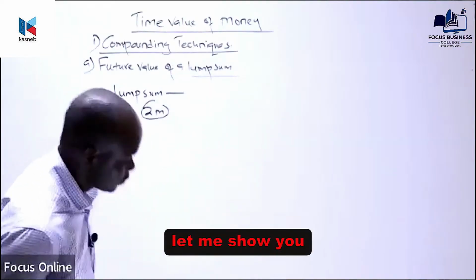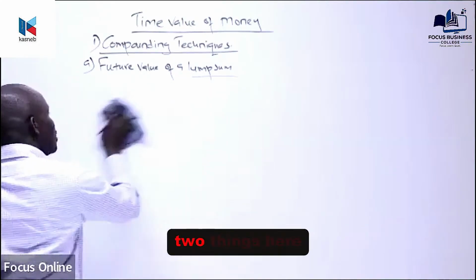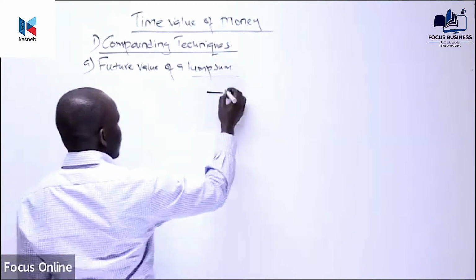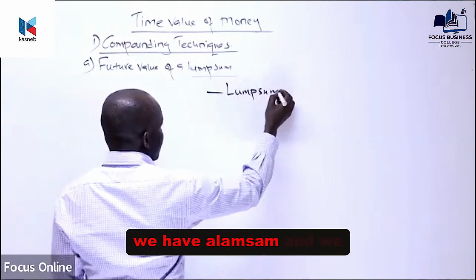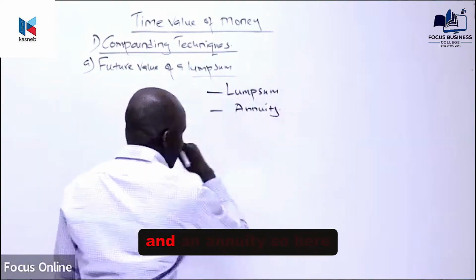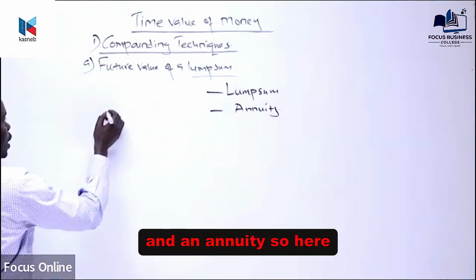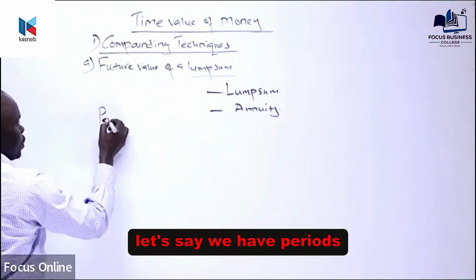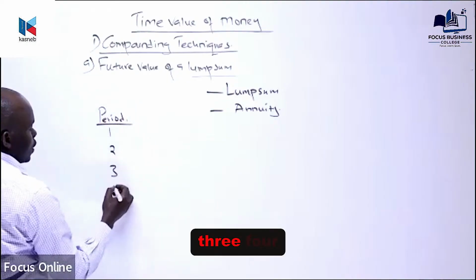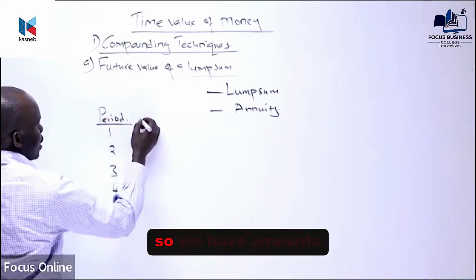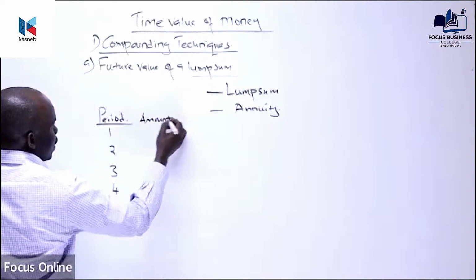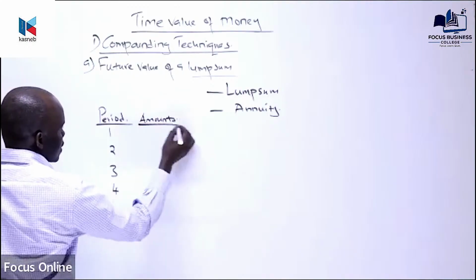let me show you. Let's first understand. We have two things here. We have a lump sum, and we have an annuity. So here, let's say we have periods 1, 2, 3, 4, and we have amounts. Let's start with lump sums.